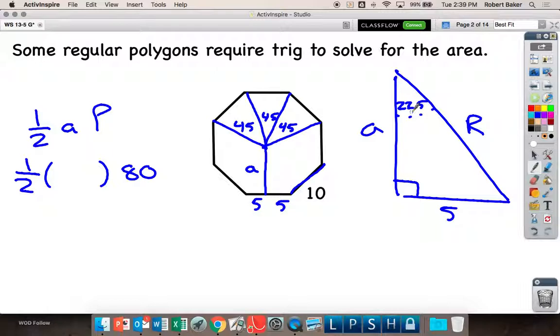So I'm looking to solve for A. What is the only trigonometric function that does not use a hypotenuse? Tangent. So if I calculate the tangent of 22.5 degrees, it is equal to opposite over adjacent.